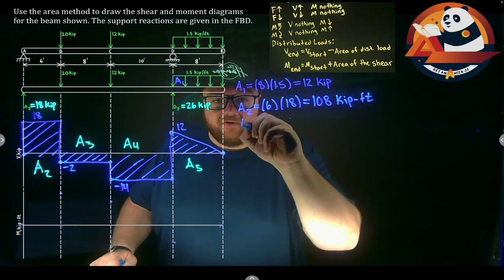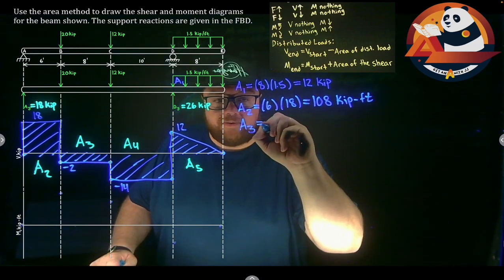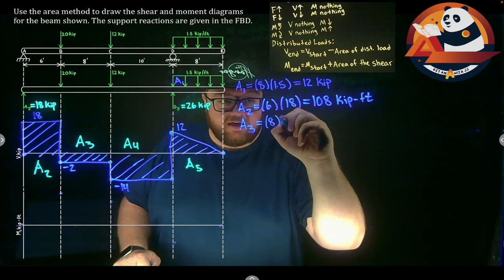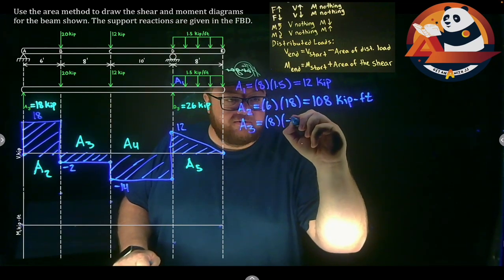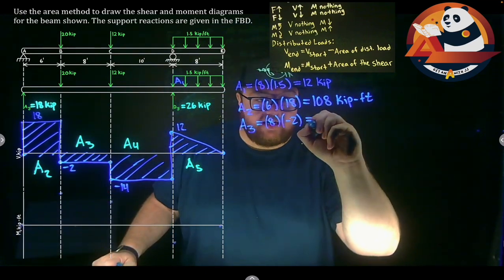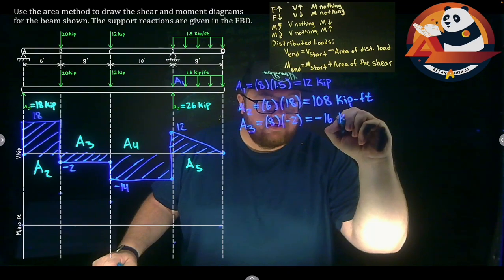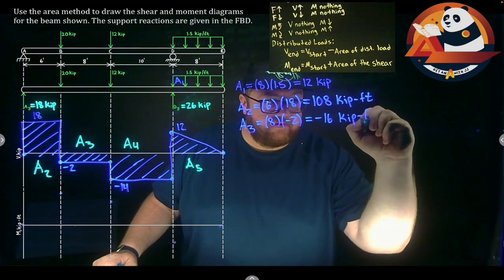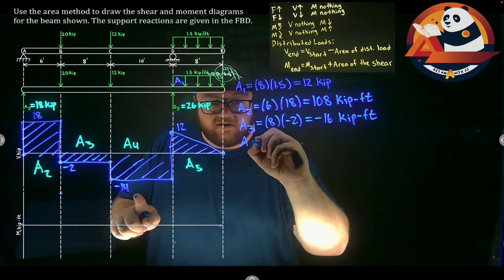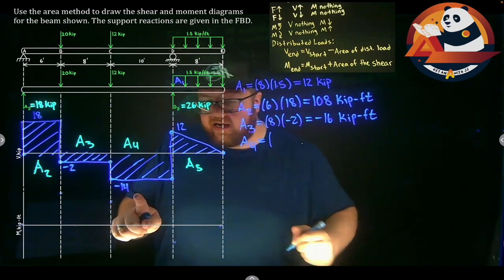Area 3, also a rectangle, should be base times height. Our base is 8 times our height, -2. Base times height will get us -16 kip feet. Area 4 is also a rectangle. So we'll have base times height here.